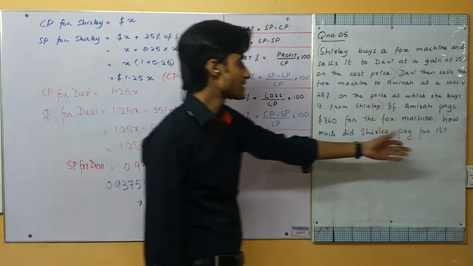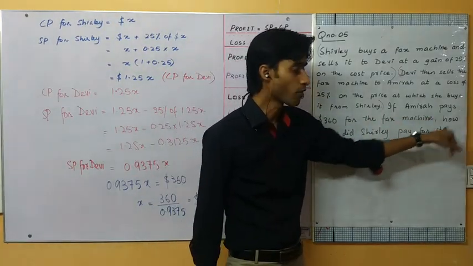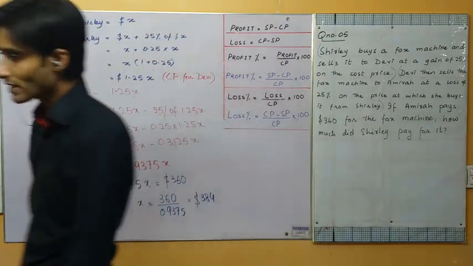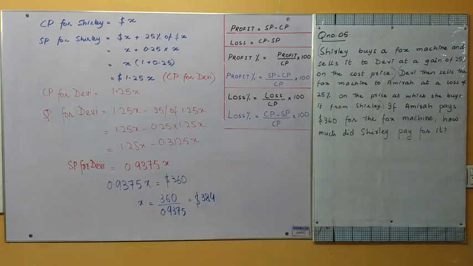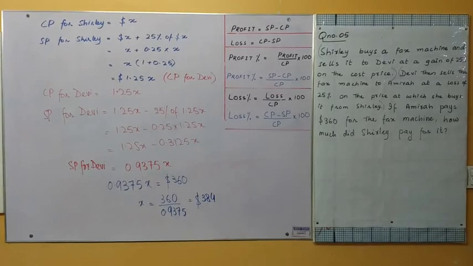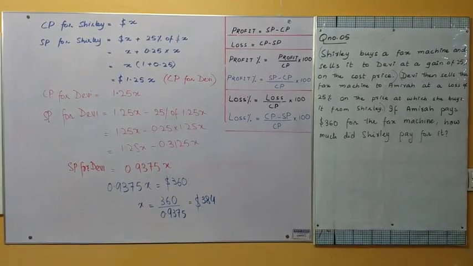So how much did Shirley pay for it in the beginning, which I assumed to be x? The value of x is 384. So the final statement is that Shirley pays $384 for it.